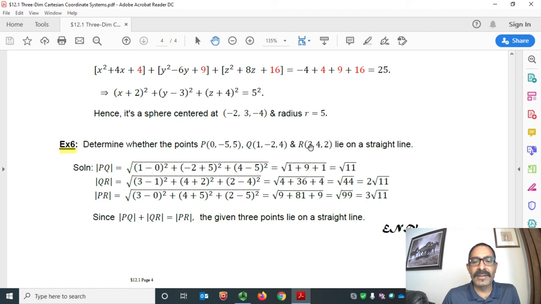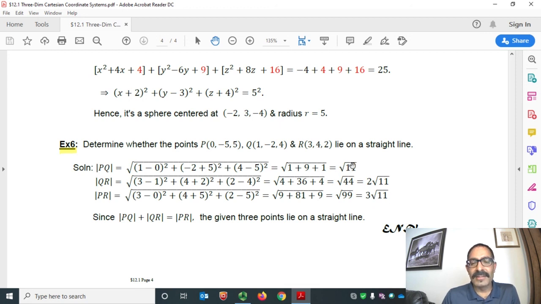So under the radical (3 minus 0) squared plus (4 minus minus 5, 4 plus 5) squared plus (2 minus 5) squared. So 3 squared is 9, 9 squared is 81, 3 squared is 9. Simplify, it gives you 3 times radical 11.